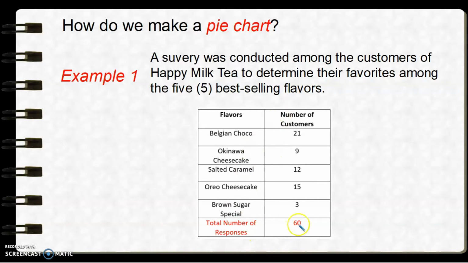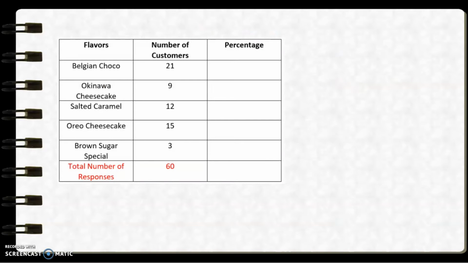Of the 60 customers surveyed, 21 preferred Belgian chocolate. 9 chose Okinawa cheesecake. 12 for salted caramel. 15 for Oreo cheesecake. And 3 for brown sugar special. So this data set will be used for us to make the pie chart.